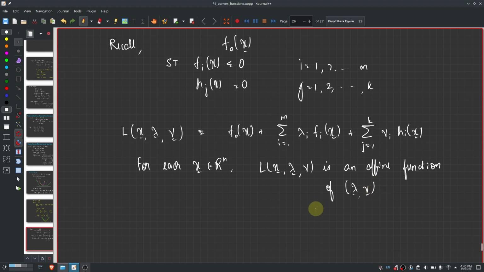You just stack lambda and nu to form a bigger vector, so it's a vector in R to the m plus k. Because it's affine, it's both convex and concave.